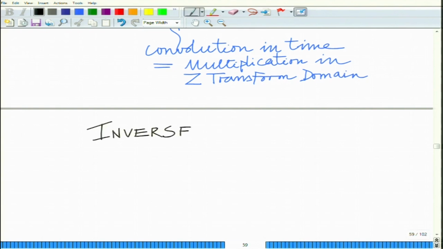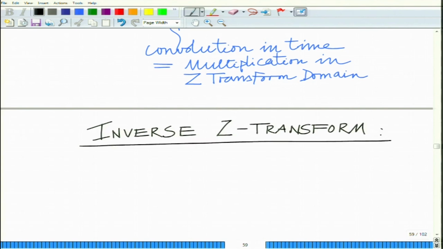similar to the inverse Laplace transform, one can consider one of the simplest techniques, that is by partial fraction expansion. Okay.